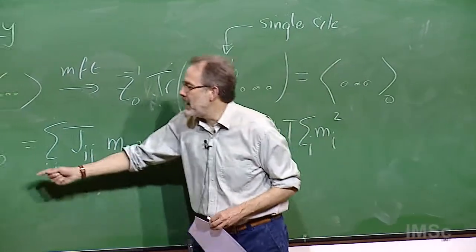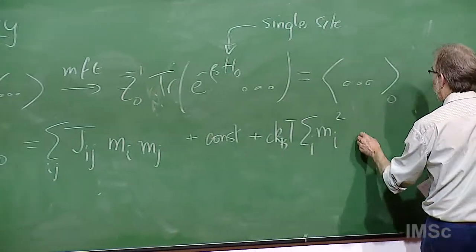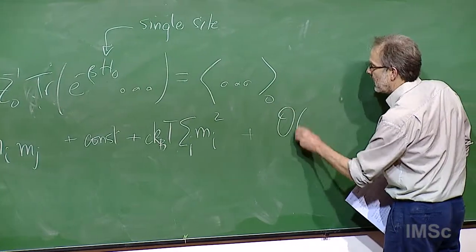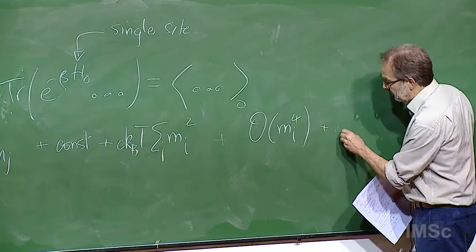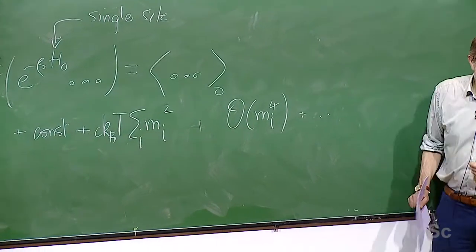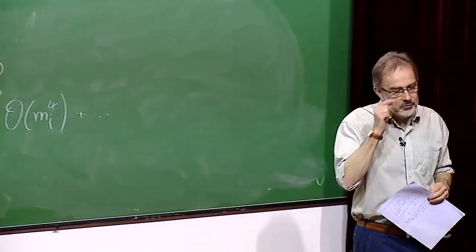And then if we expand this entropy at higher order, we get terms which are fourth order and so on. Okay, so that's the general structure of mean field theory.